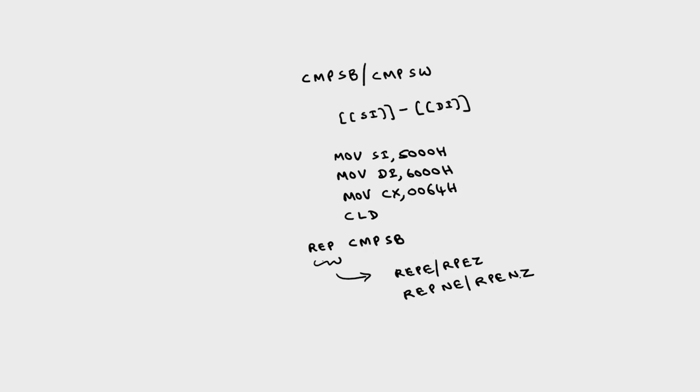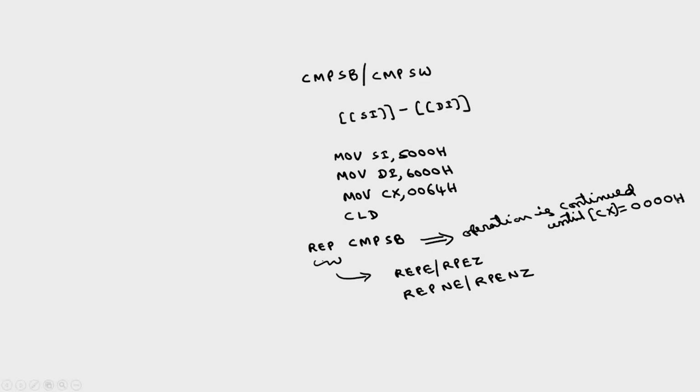We can use either repeat, or repeat equal, or repeat not equal. In case of a repeat, this operation will be continued until the contents of CX is equal to 0000H.